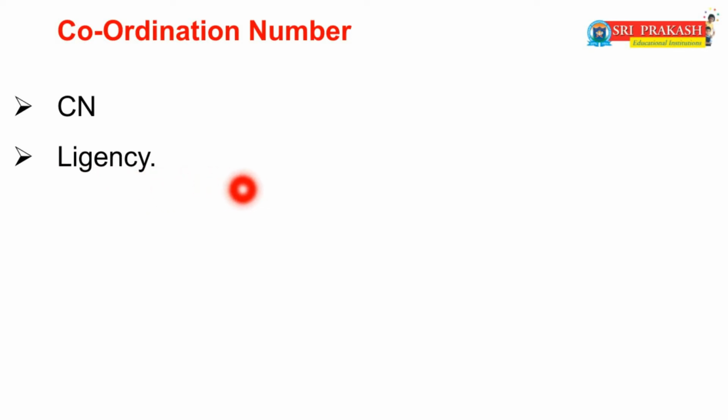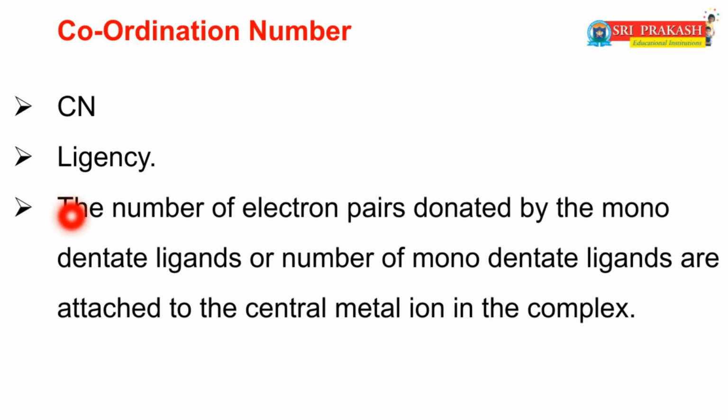Coordination number means the number of electron pairs donated by the monodentate ligands, or the number of monodentate ligands attached to the central metal ion in the complex. That number is called the coordination number or ligancy.